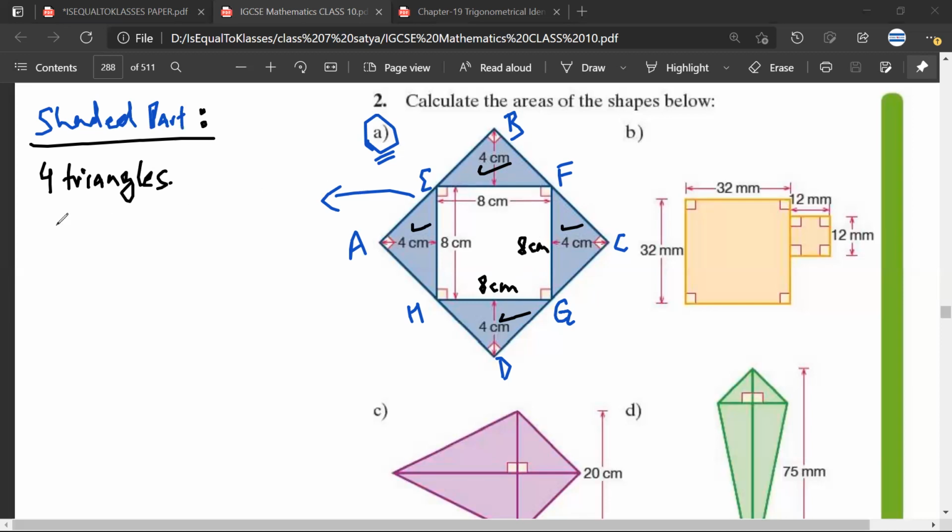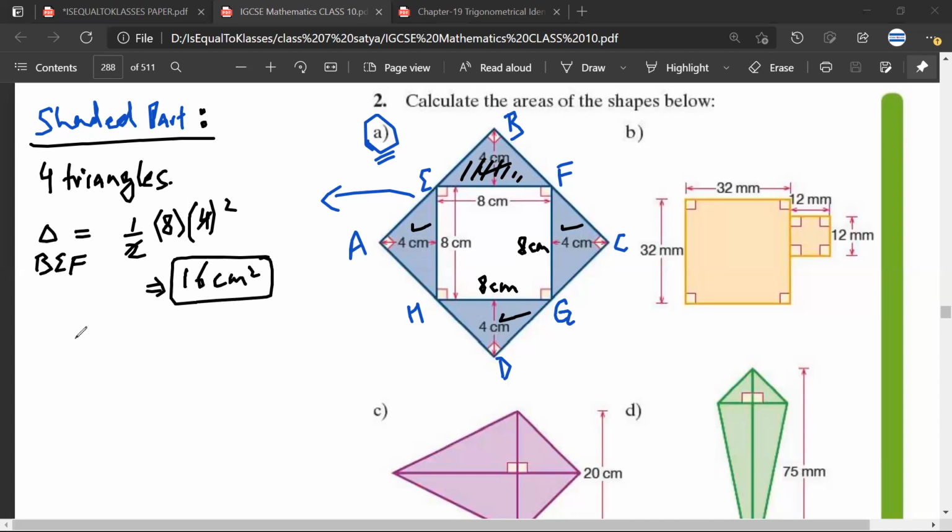So each triangle, as Mr. Satya is saying, for example triangle BEF, this triangle, this would be equal to half base into altitude 4. 16 centimeters square.